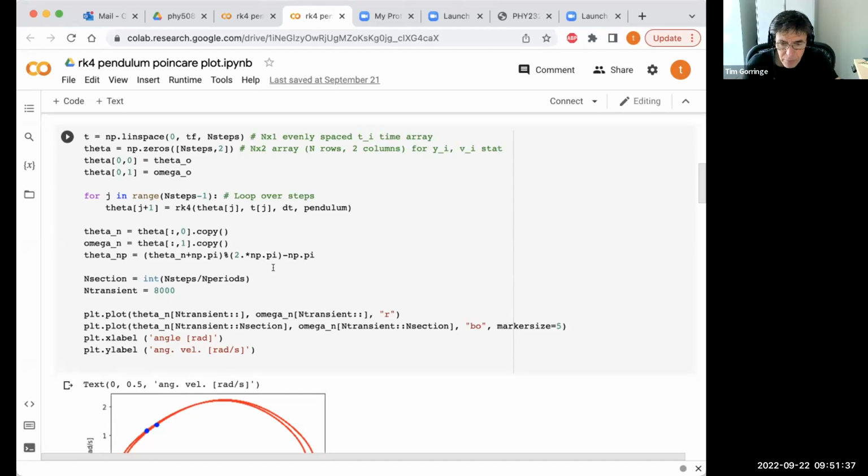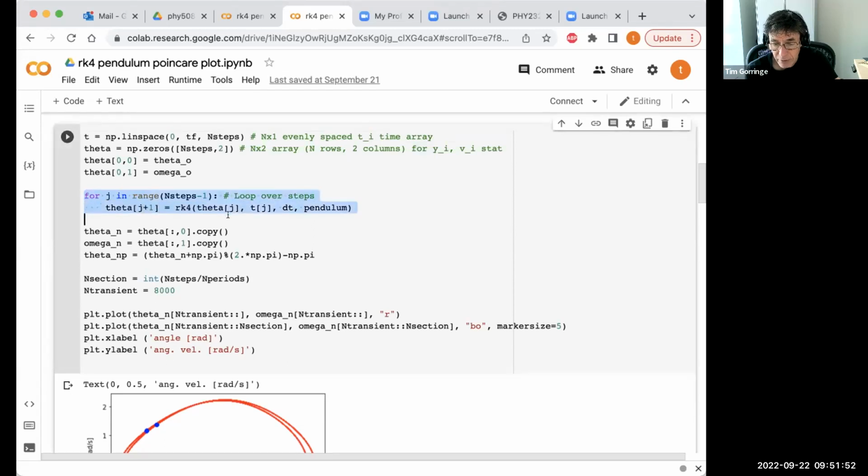After all that, I introduce an array of times and arrays of theta and phi coordinates, and then I call my function for solving the differential equation at time i+1 from the solution at time i, sequentially, to construct the angular displacement versus time and the angular velocity versus time, i.e. the solution to the differential equation versus time. That's done in this loop here.